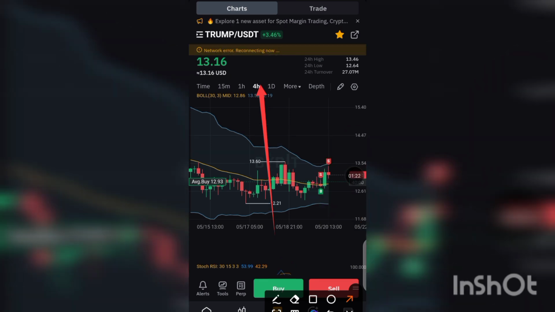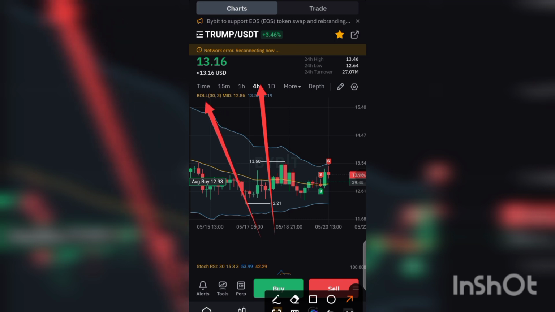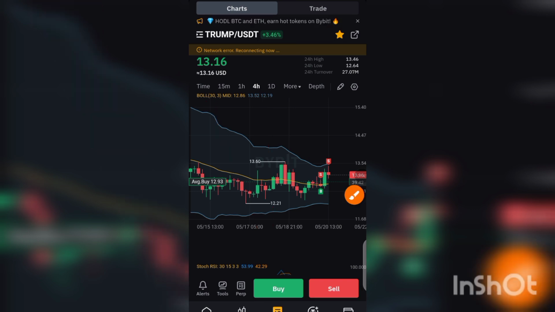The second thing you need to consider before you can start this trade is to make sure that you set your Bollinger Band. Let this Bollinger Band be at 33.12. Let me go and show you so you can understand what I'm actually talking about.